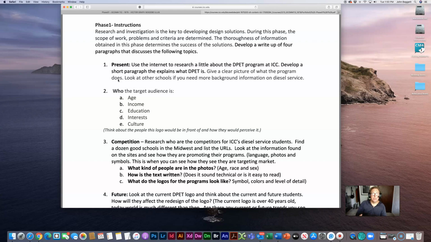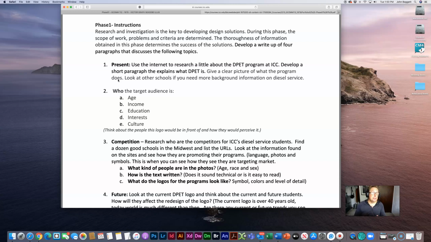The age, maybe people think I'm too old to do this. But if the photos that they're putting out there include younger, middle-aged, and maybe even older individuals, men and women, people from different cultures and races, that can say a lot about how this school is trying to market to a broader audience. So pay attention to that.